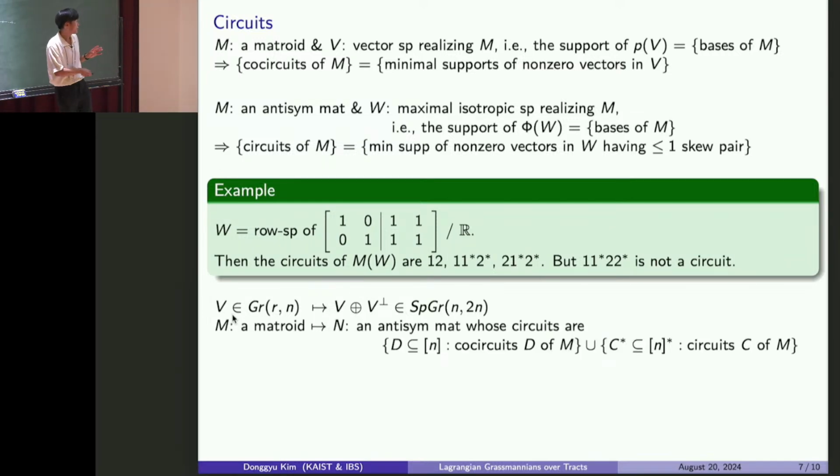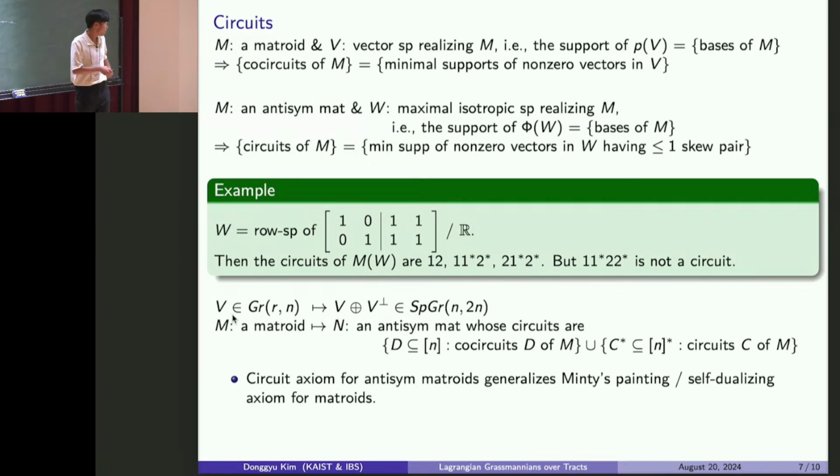If you consider our matroid, and collect our co-circuits together with the circuits with the star, then this is exactly the circuits of our antisymmetric matroid. Because of that, you can easily imagine that the circuit axioms for the antisymmetric matroid generalize Minty's self-dualizing axioms for the matroid. And this is the reason why we can consider the antisymmetric matroid as a generalization of the matroid.